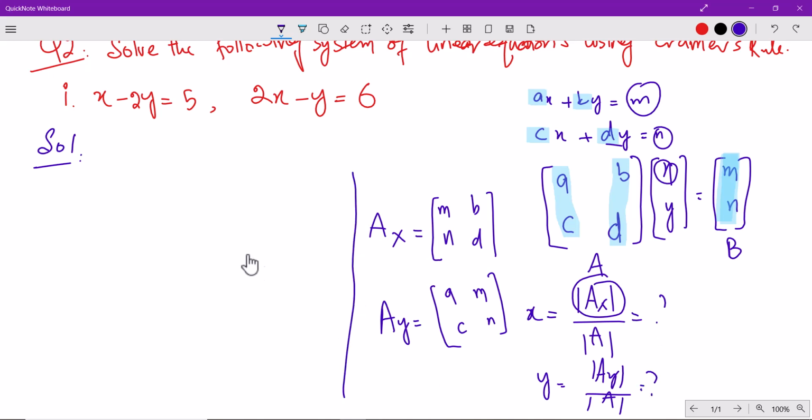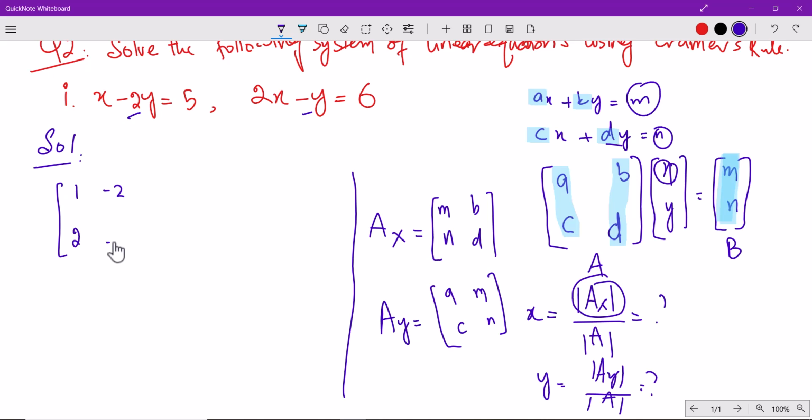Let's solve the question. Question number 2, part number first: x minus 2y is equal to 5 and 2x minus y is equal to 6. The x coefficients are 1 and 2. The y coefficients are minus 2 and minus 1.